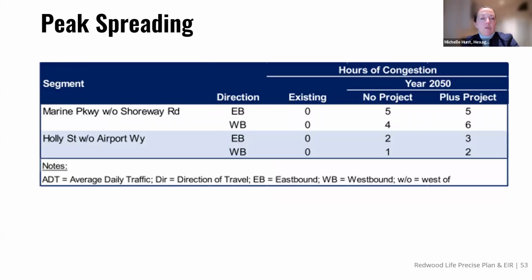the effect. So for Marine Parkway and Holly Street both, right now, as I mentioned, the existing traffic volumes are below capacity, so all of the intersections are operating at acceptable levels.